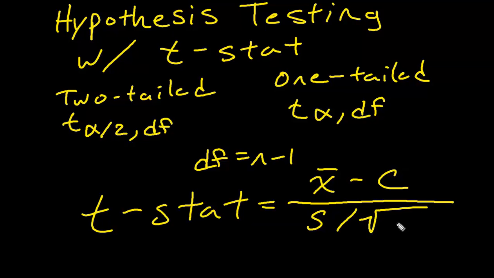The only real difference in the way we're writing it out is that instead of having sigma, we have s. Other than that, it's functionally exactly the same. There is no difference between this formula and the one we were using for the z stat. And that's it. That's the only difference between this and what we've been doing previously.